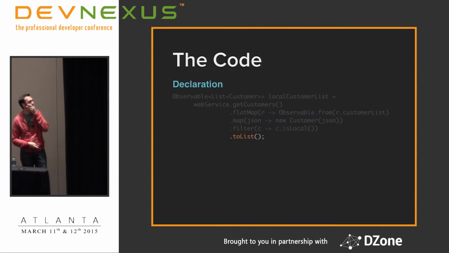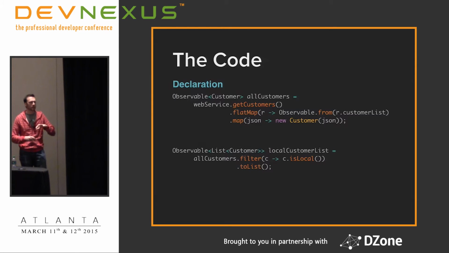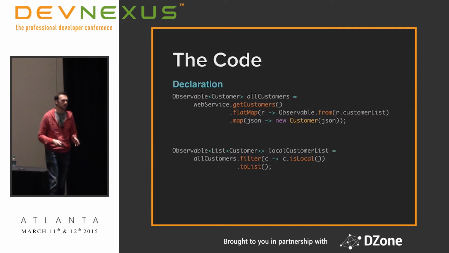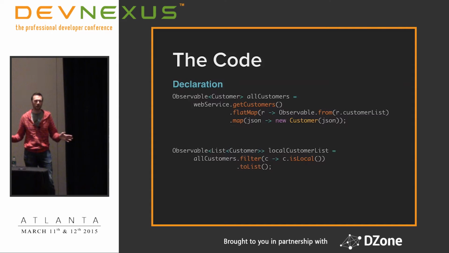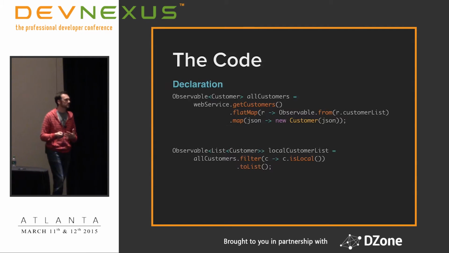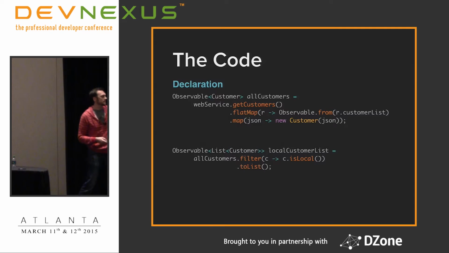Let's go back forward. And we can also subdivide this in a way too. Let's say there are some parts of our app where some consumers want the whole list unfiltered and want to know about all the customers. Maybe your master list of customers, right? So you can declare this into an observable, it's all customers. And then maybe you have another part that only wants the local customers as a list.